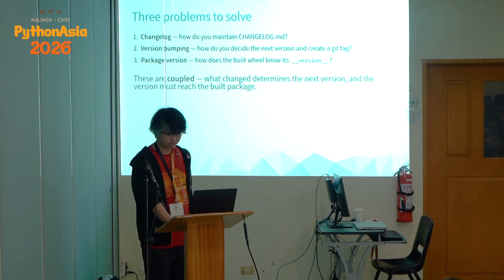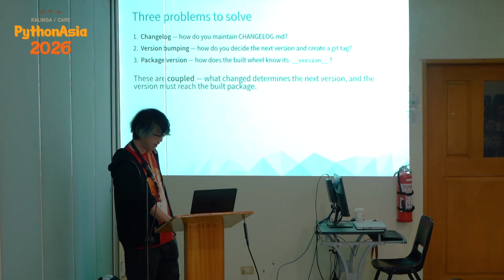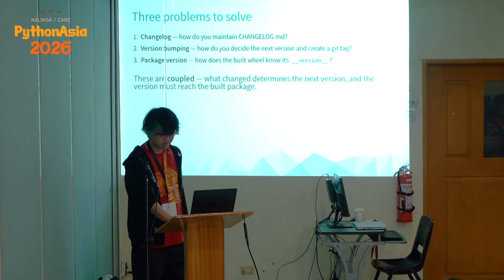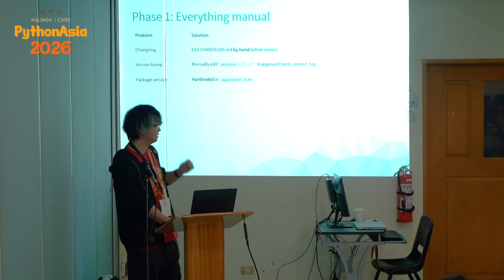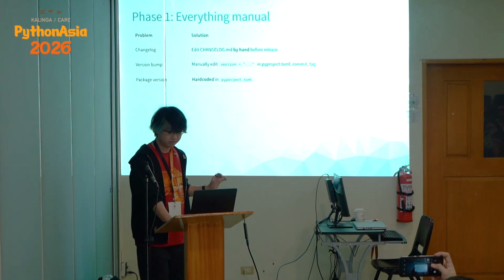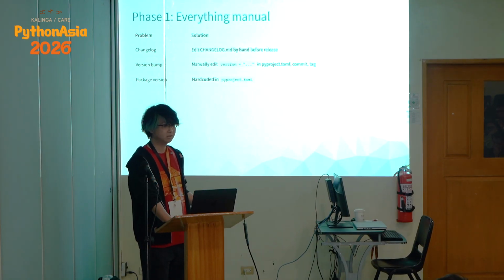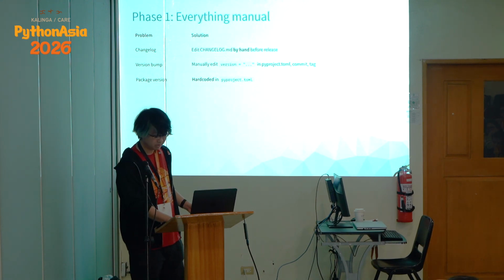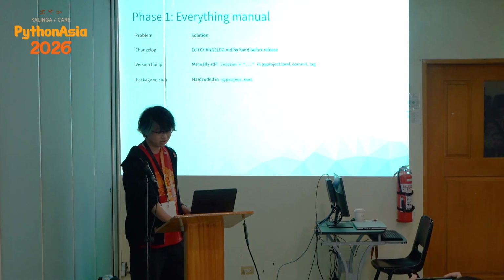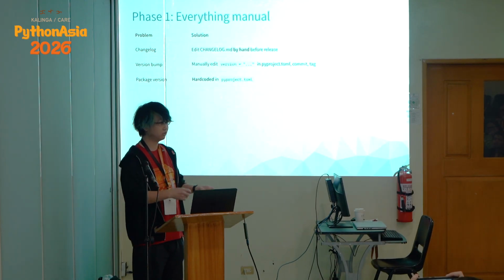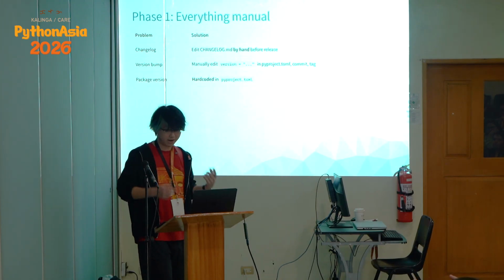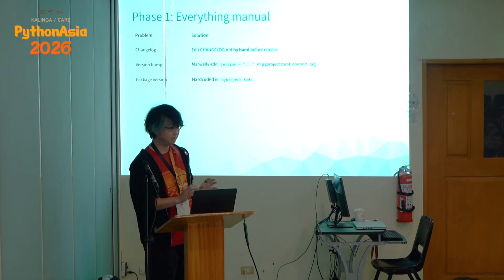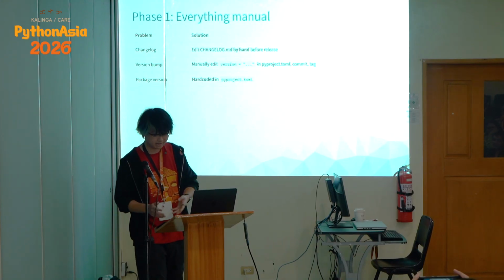Let me walk you through how the Stream WebRTC package evolved through four phases. Phase 1 is the very beginning of this project. Everything was manual: I edited the changelog by hand, edited the version string by hand, determined the next version string with my own brain, and also updated the pyproject.toml version field by hand.